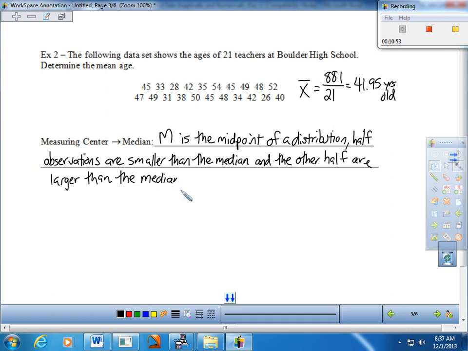So a value right in the middle of the distribution. So again, median is essentially middle.